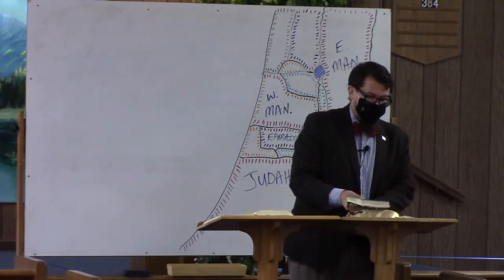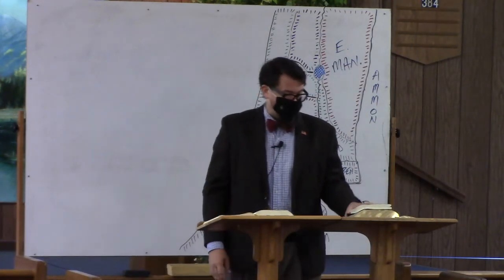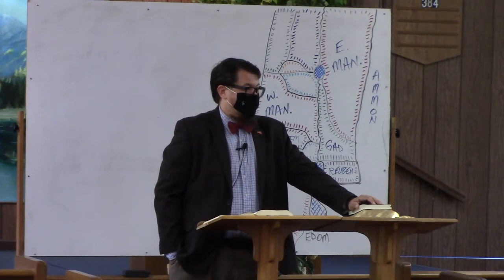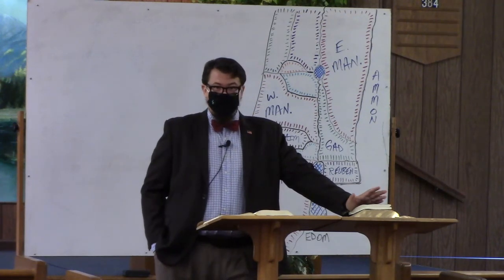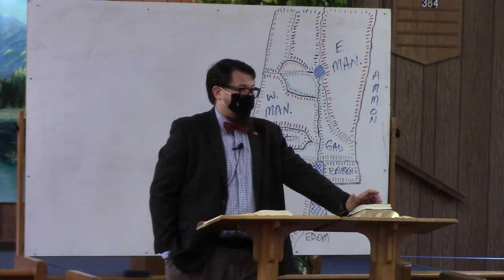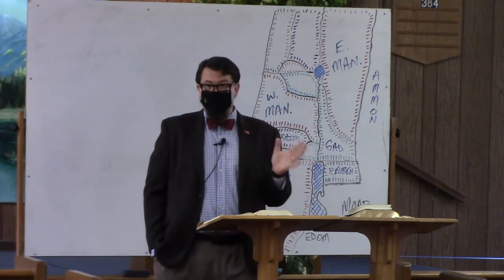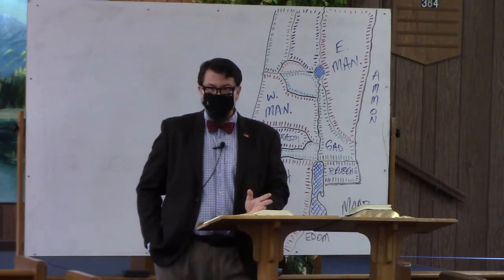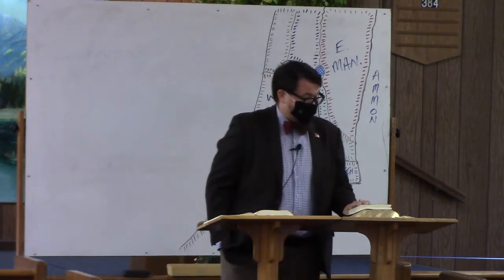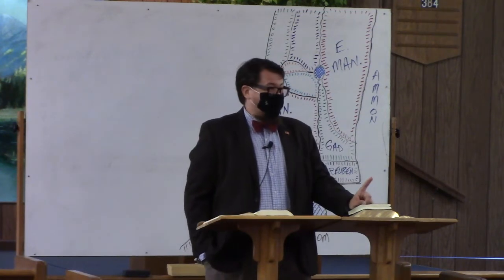So by the time that the book of Joshua was composed, Jerusalem was still not an Israelite city. All right, think about that for a second, because when you think Jerusalem, you think that's the Israelite city. And yet, for a big chunk of their history, Israel does not control Jerusalem.